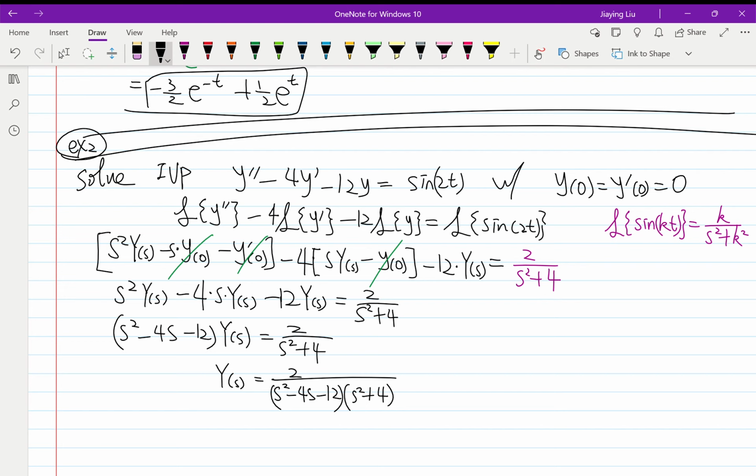Any questions at this point? I feel like if you understand the big picture of the procedure, the first and second step usually doesn't take very long.